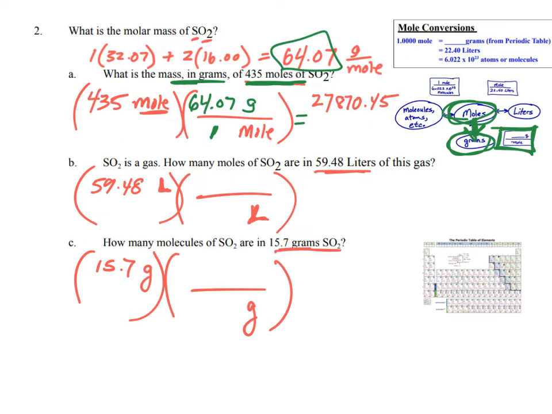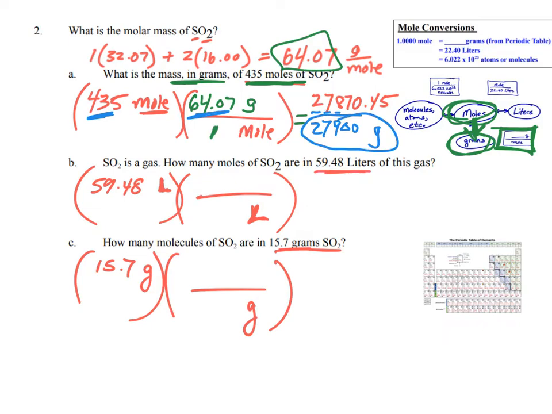Let's see. 435 has 3 digits. 64.07 has 4 digits. So I have to round the answer to 3 digits. 1, 2, 3. So I'm going to round it: the 7 becomes an 8, the 8 will become a 9. And then I've got to put a couple zeros to get that decimal in the right place. Call it grams. All right, there we are.